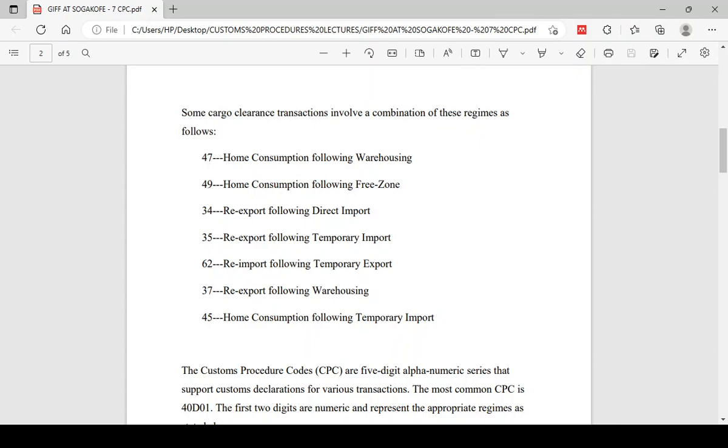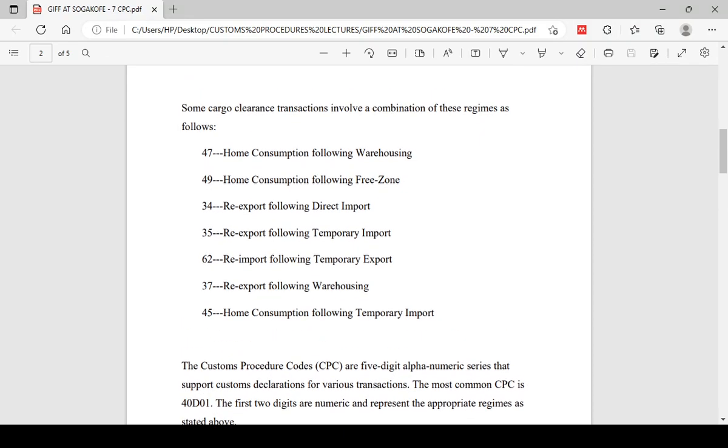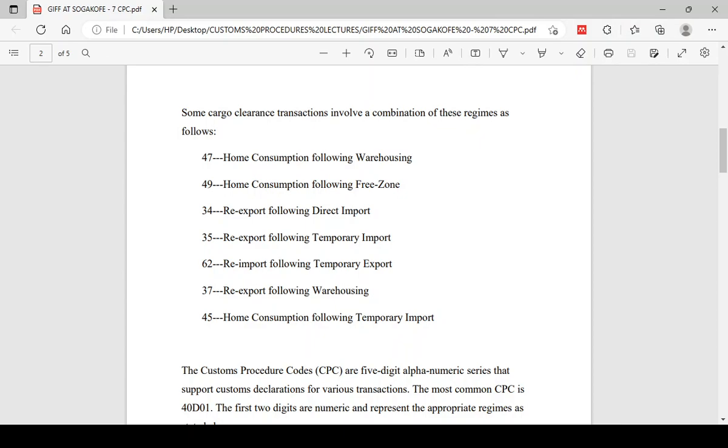So you take 4 and take 7, and we establish another two-digit regime code. That is ex-warehousing. It's also a regime on its own. So that is the way. If apart from the 10, 20, 40, 50, 60, 70, 80, you see other two-digit combinations that are not preceded by 0, that is the reason.